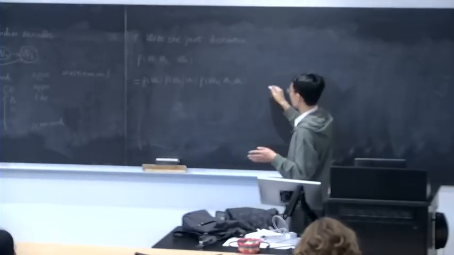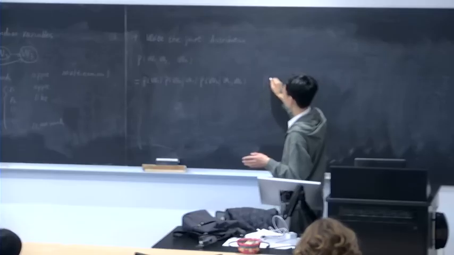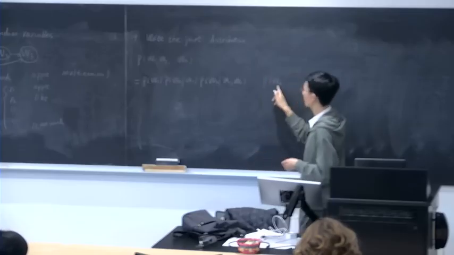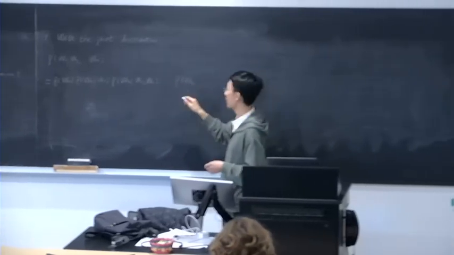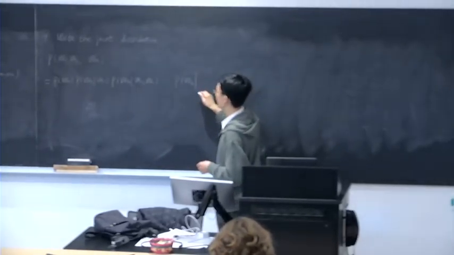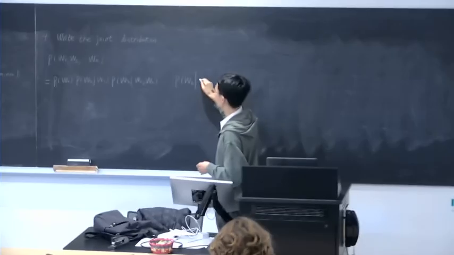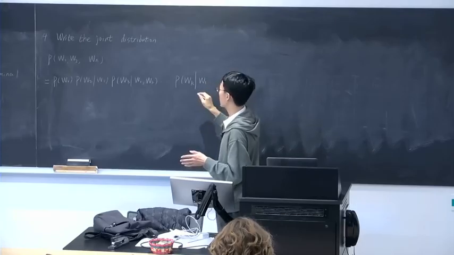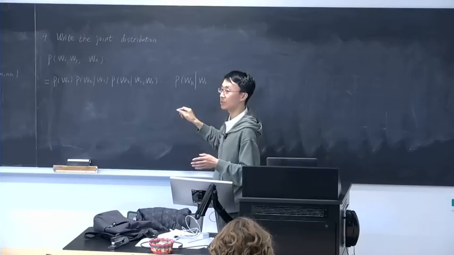So in general, when you write P(WK), for a certain word in the middle, WK, you are going to condition on W1, W2, W3 up to WK minus 1, right?